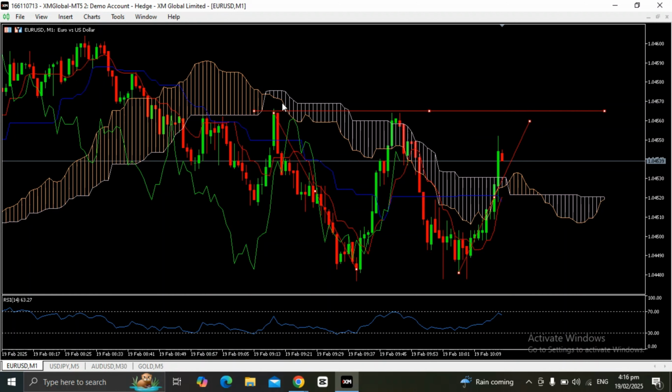Okay, so as you can see, this one here is the resistance when the price from here went up.